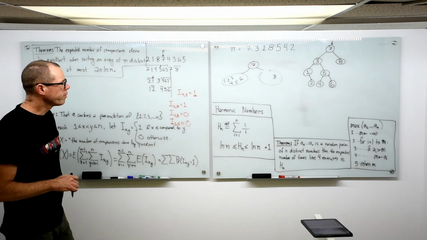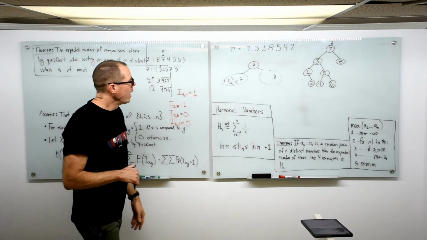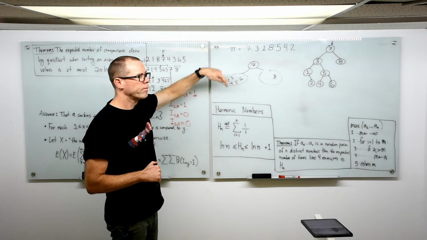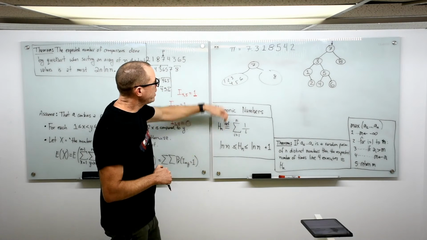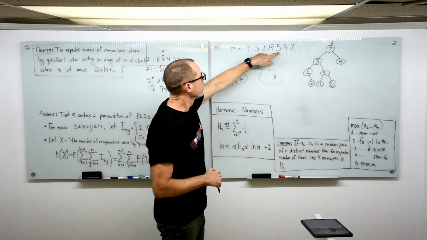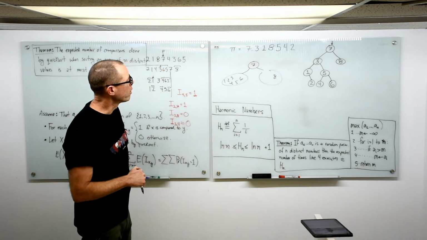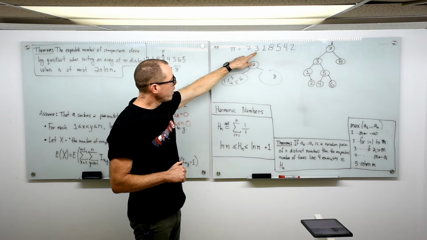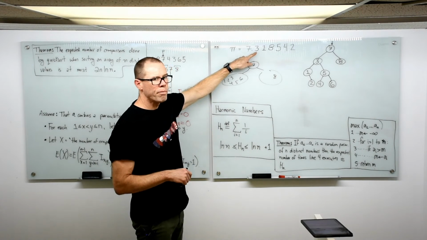Now, Quicksort then recurses on this side. I didn't do that when I was picking these things necessarily. So the second element here could be any element from the whole set except for 7.